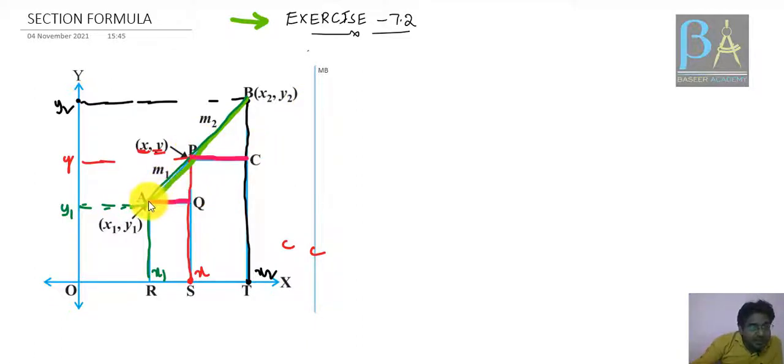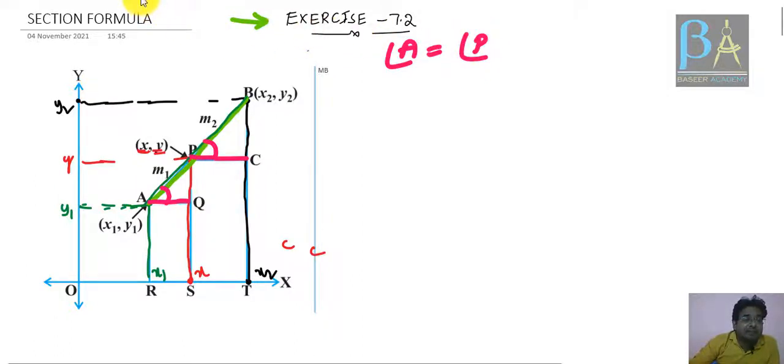And then you can see AB is the transversal, which is obviously cutting the parallel lines AQ and BC. Now this angle that you see here, angle A, and this angle that you see here, angle B, they are known as the corresponding angles, and since AQ and BC are parallel to each other, the corresponding angles have to be equal. So angle A is equal to angle B since they are the corresponding angles.